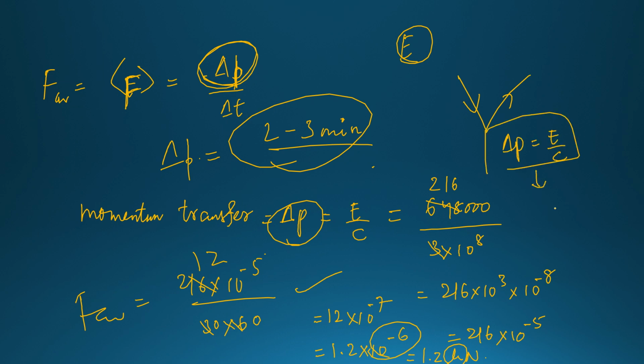Write it down. If it is given for a perfectly reflecting surface, then what will I write? Del P is equal to 2E by C. There will be a multiplication of 2 here.